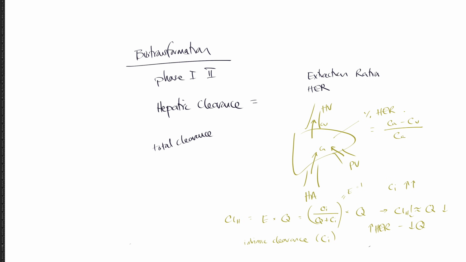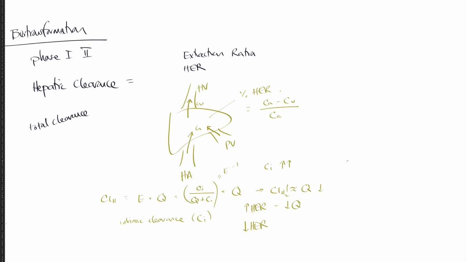If a drug has a low HER or low extraction, what you're really describing is a low clearance intrinsically. So if clearance I is low, then what ends up happening is that Q plus your clearance is roughly equal to your flow anyways.